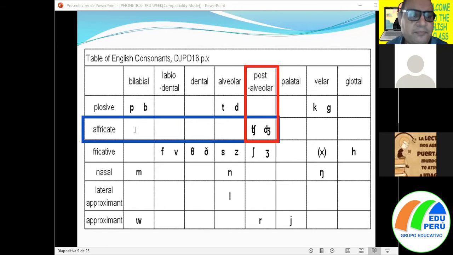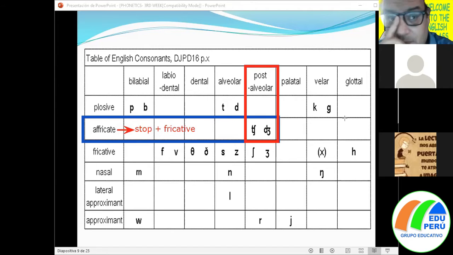Affricate sounds are sounds in which you combine two sounds to produce one. We are going to combine one stop sound plus one fricative sound. Remember this. The affricate sound is the combination of one stop sound and one fricative sound. For example, notice the symbols.